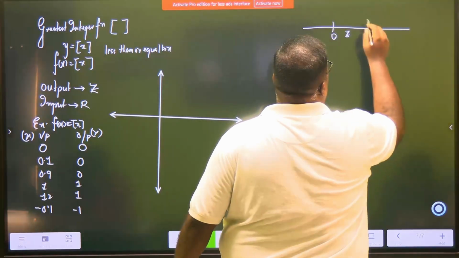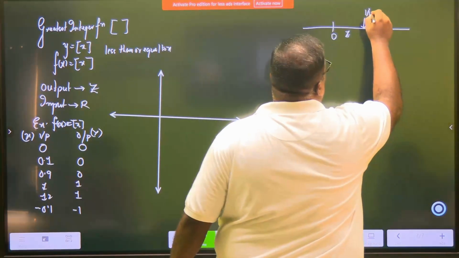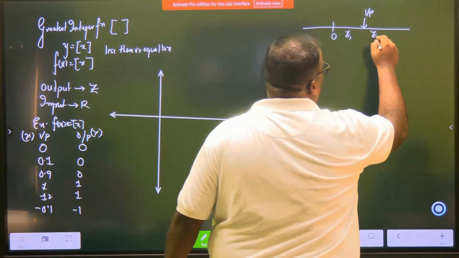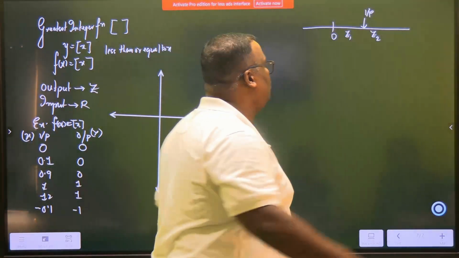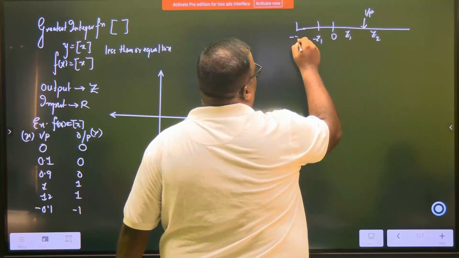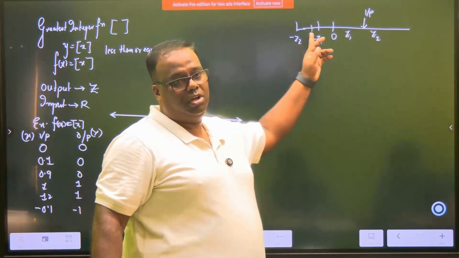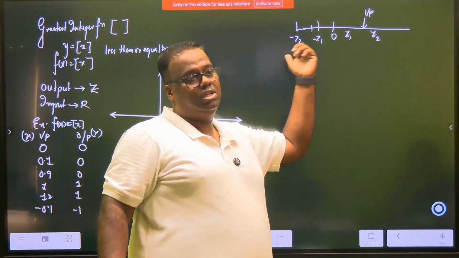Suppose you are greater than 0, your real number input is between Z1 and Z2, whatever you input, it should take Z1. Got it? This is negative Z1, this is negative Z2, and you input this. Then which one should it plot? Negative Z2, because greatest integer less than or equal to.